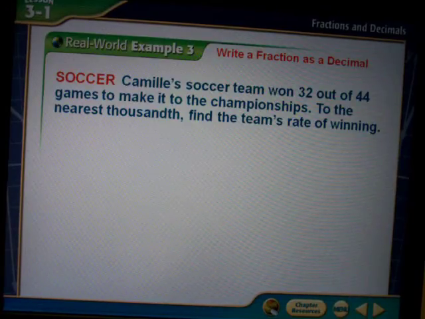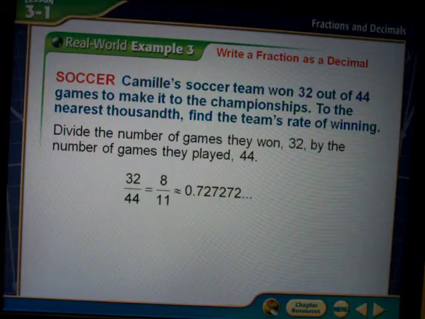Alright, so Camille's soccer team won 32 out of 44 games to make it to the championship. To the nearest thousandths, find the team's rate of winning. So we're going to divide 32 by 44, and it says to the nearest thousandth. This is going to be another key point to remember, reading the directions carefully and seeing at what point they want you to stop with your decimal.